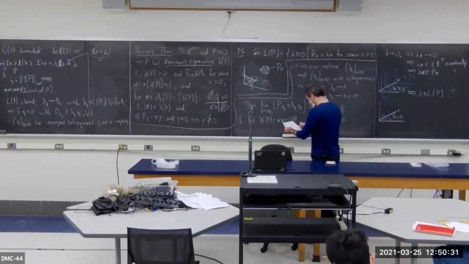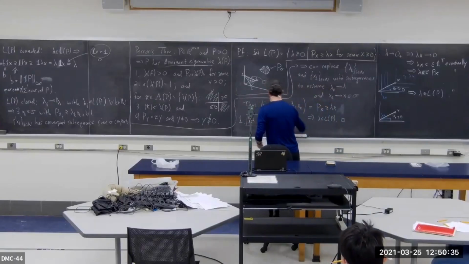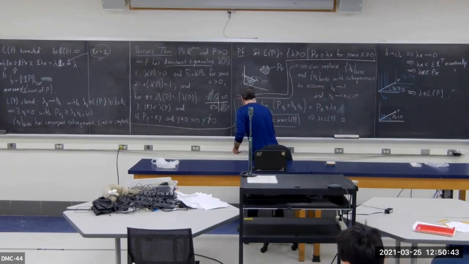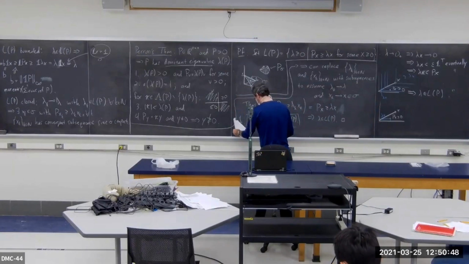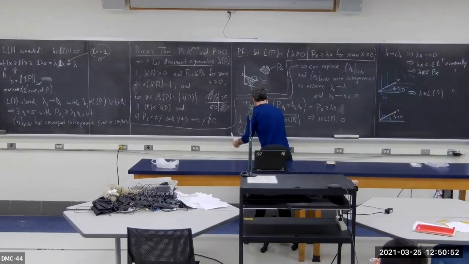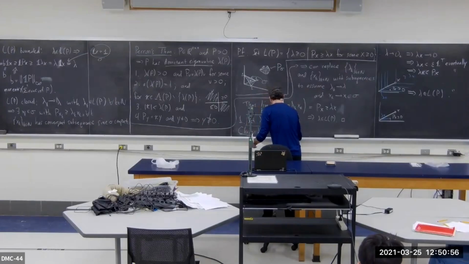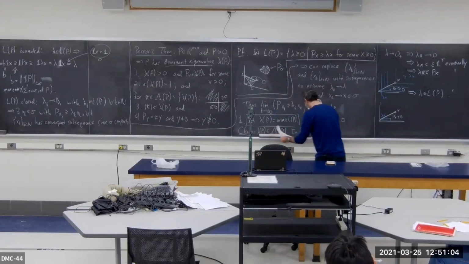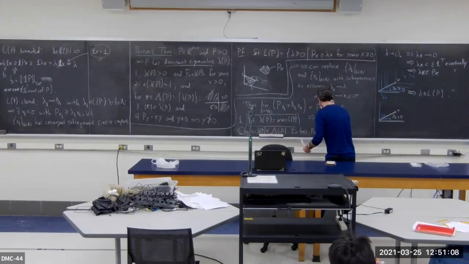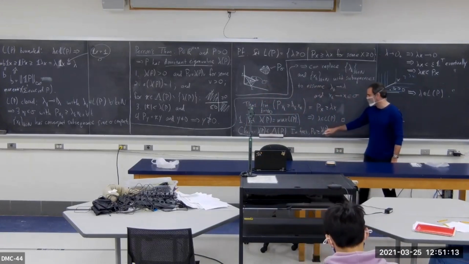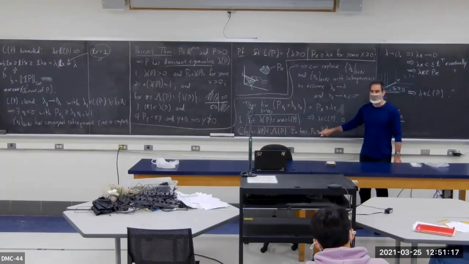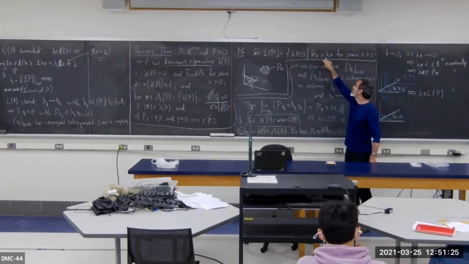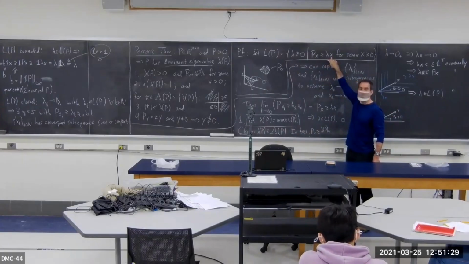Okay, so lambda of P is the maximum of this L of P. So here's a claim: lambda of P is actually an eigenvalue of P. In fact, if you have that PV is greater than or equal to lambda of P times V, and we know, by the way, that since lambda of P lies in L of P, there is such a vector V such that P of V is greater than or equal to lambda of P times V. There is such a vector V, and I claim that it's unique.